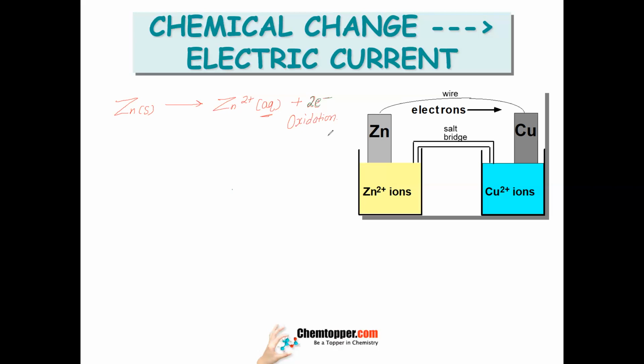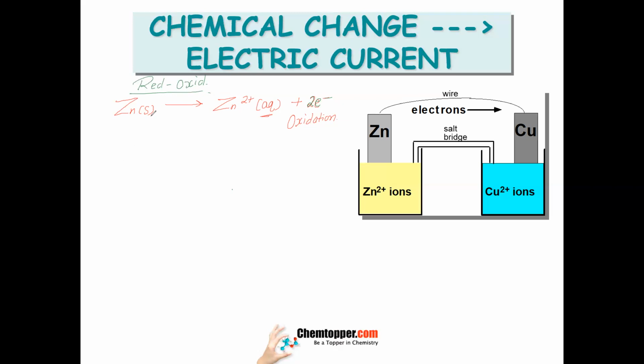If one is losing, somebody else should be there to gain it. That's why we call them redox. Reduction and oxidation go side by side. If one is undergoing reduction, there should be somebody undergoing oxidation, and electrons are transferred from the one which is oxidized to the one which is reduced.